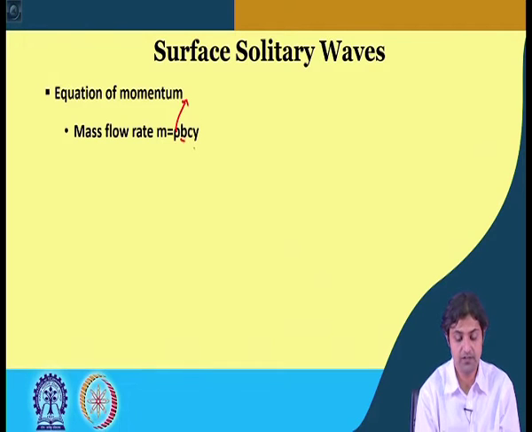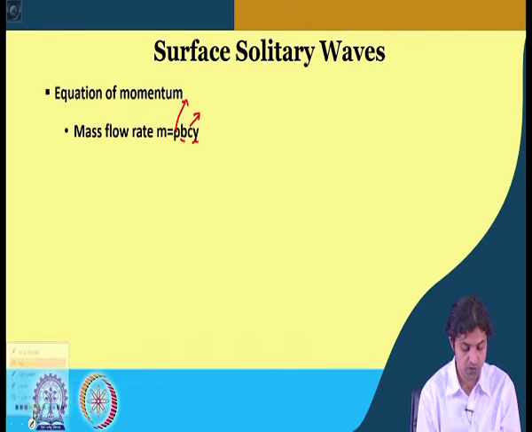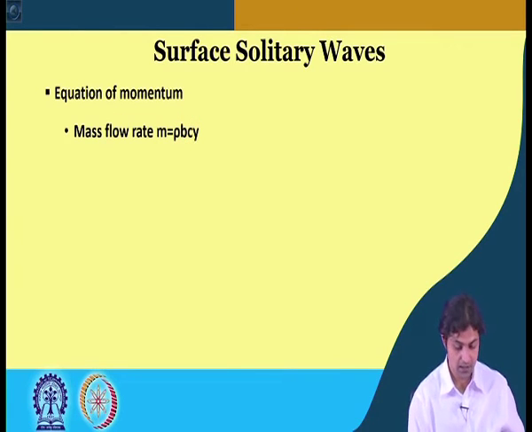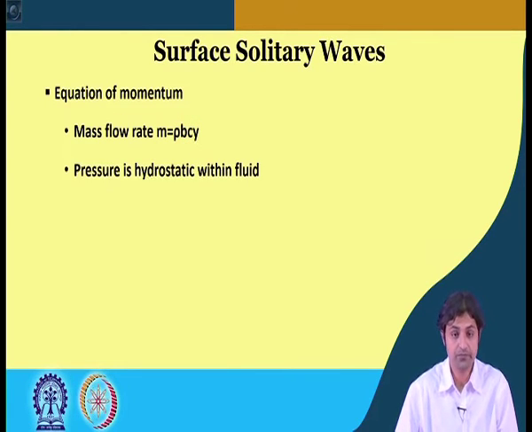So, b is the width, y is the depth, and c is, let us say, dx by dt. So, this is width, this is length, and this is height. This is the mass flow rate, m equals rho b c y.